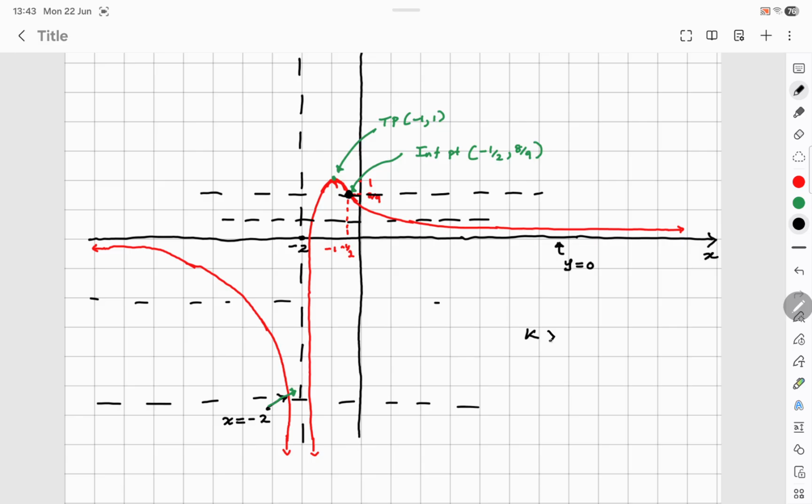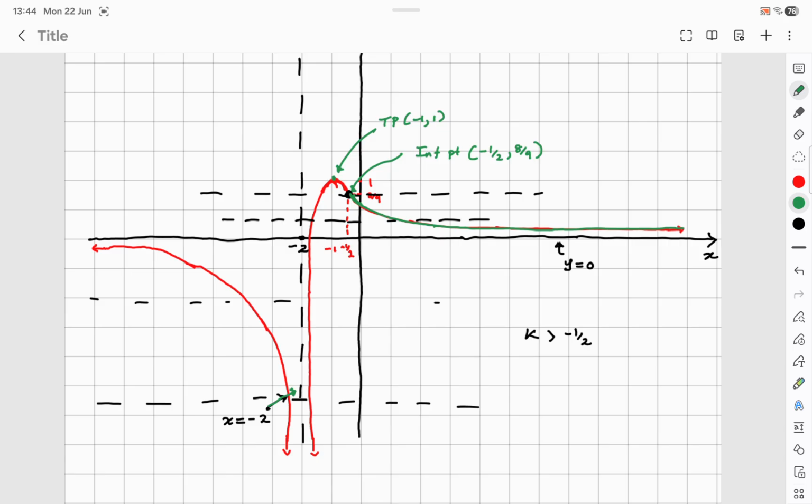If k is greater than minus half, what happens? That represents this section, no? This section of the graph. That is 1 to 1. No? Any horizontal line only intersects that section only once, right? Can we go beyond that?